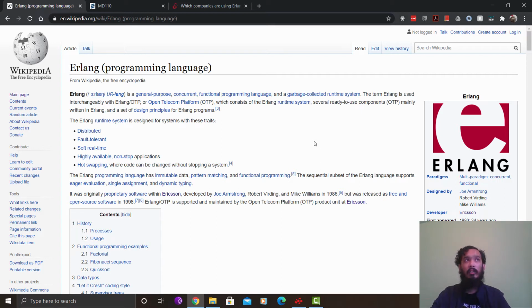Now, besides all the characteristics that they needed in these kind of systems, they were also looking for a language that provided them with certain things, and these certain things were primitives like concurrency and error handling. Now, obviously, if you have any experience with programming languages, you know that almost all languages provide you with some sort of concurrency and some sort of error handling.